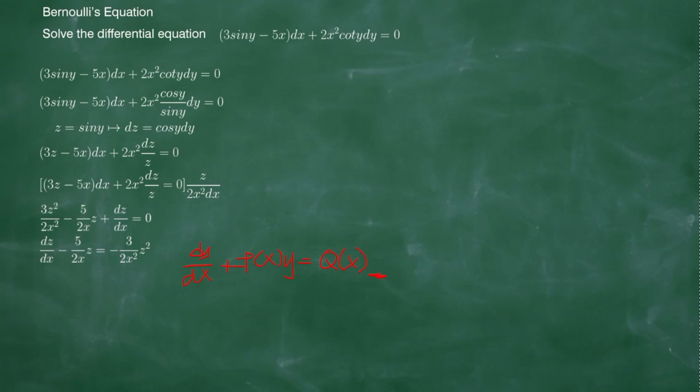There is no dependent variable here with an exponent, so we eliminate it by multiplying the whole equation by z⁻².